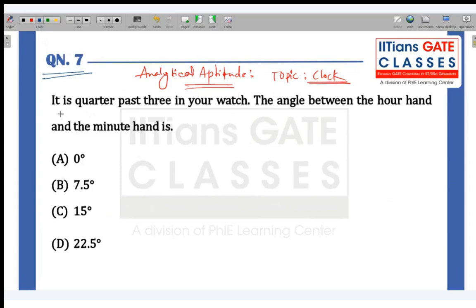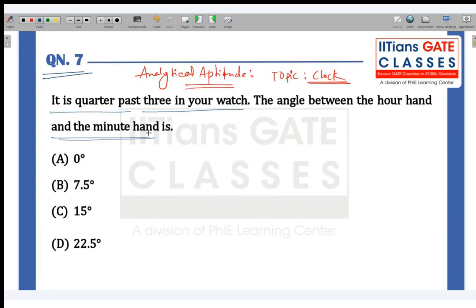The question is: it is quarter past 3 on your watch. What is the angle between the hour hand and the minute hand? I believe everybody is familiar with the basic structure of the clock.